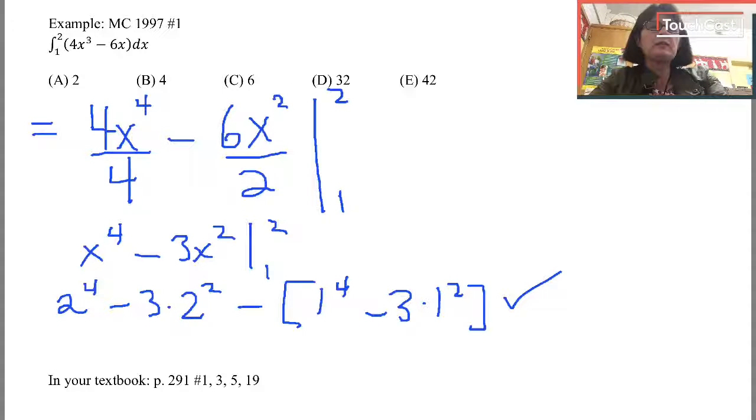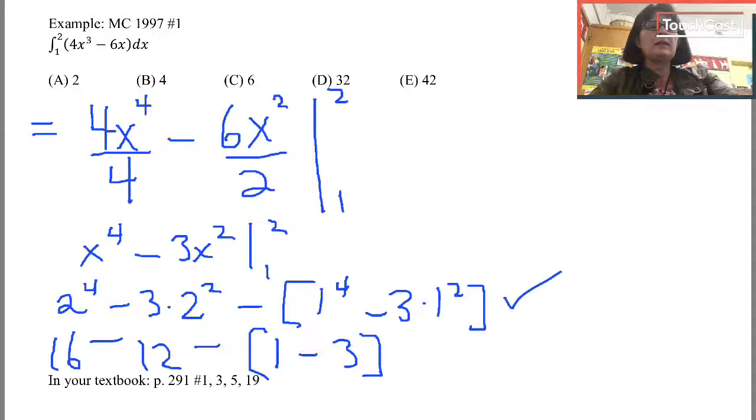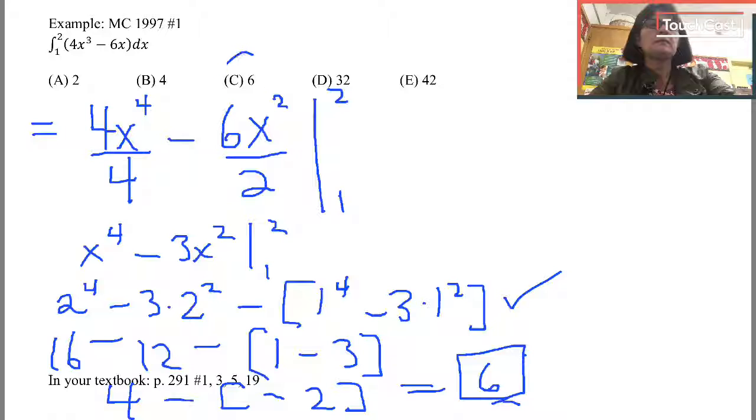If it's not the free response, you're going to have to simplify that out. 2 to the 4th is 16, minus 3 times 4 is 12, minus 1 minus 3. 16 minus 12 is 4, minus, inside there, 1 minus 3 is negative 2. So 4 plus 2, 6. The answer is C.